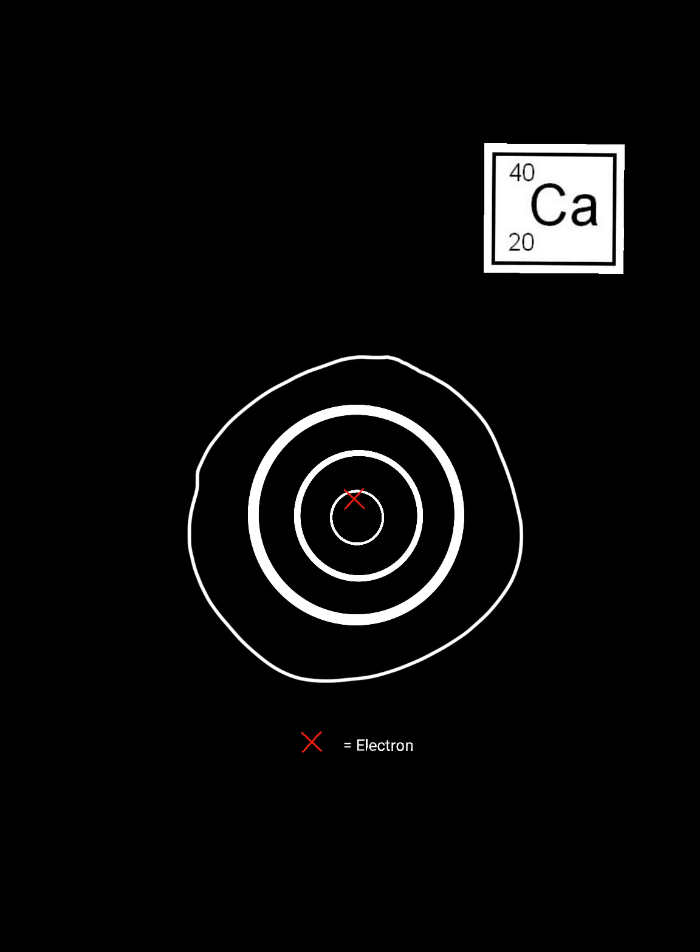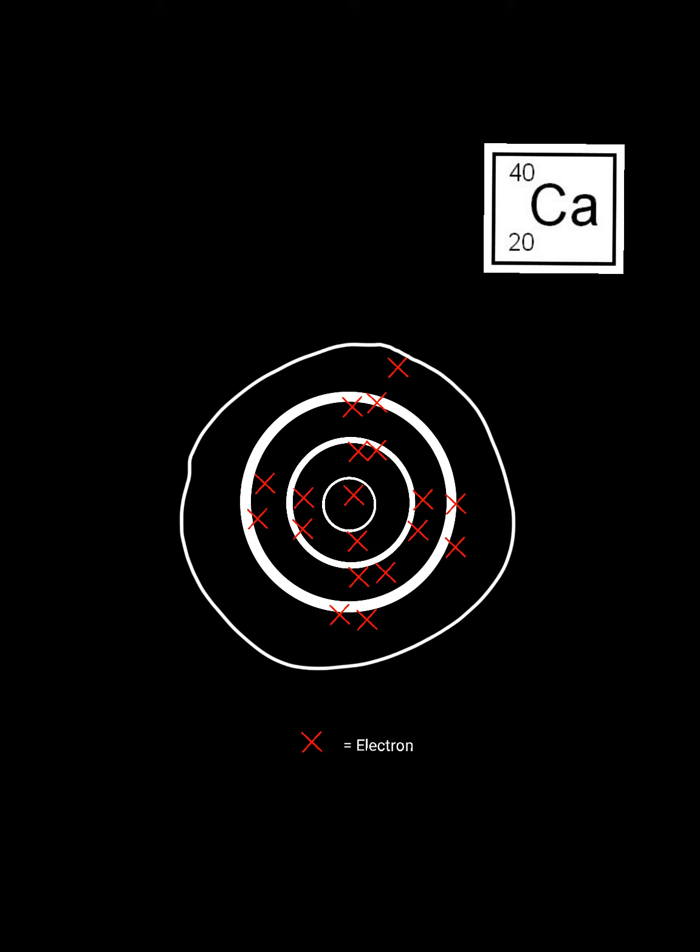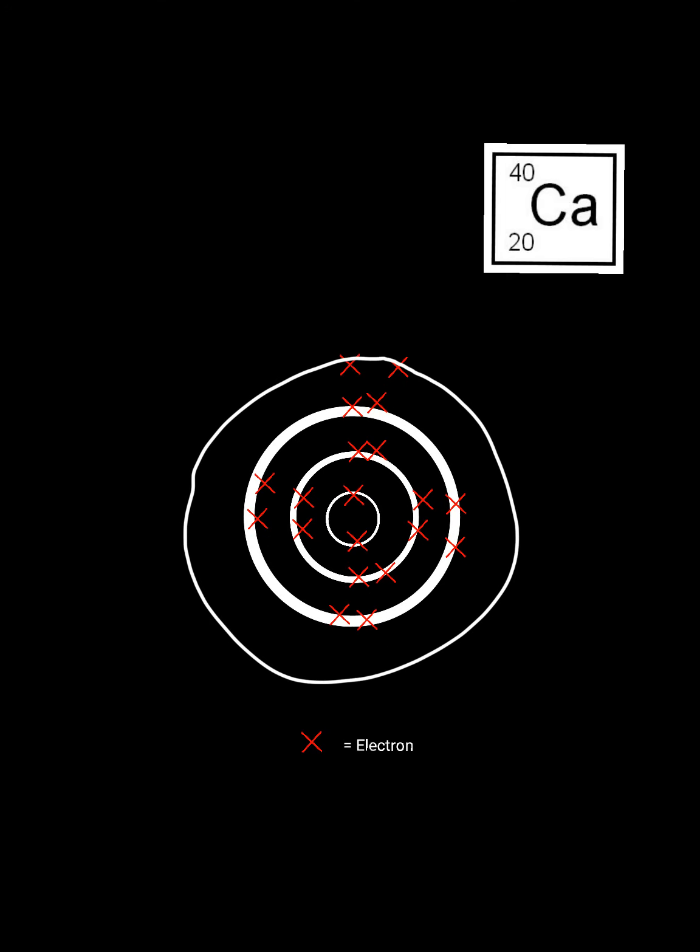You're going to have 2 electrons in the first shell, 8 in the second shell, 8 in the third shell as well, and then 2 in the last shell. And that's pretty much it.